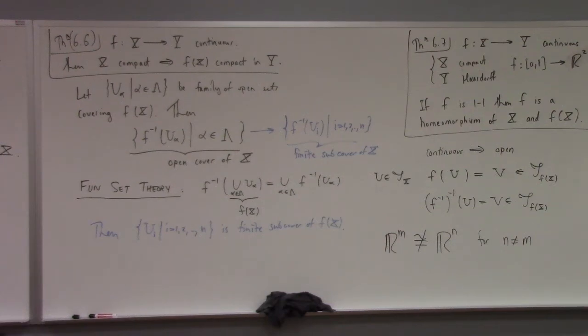So any compact space is locally compact, and any non-empty subset of Rn is locally compact. Any discrete space is locally compact.